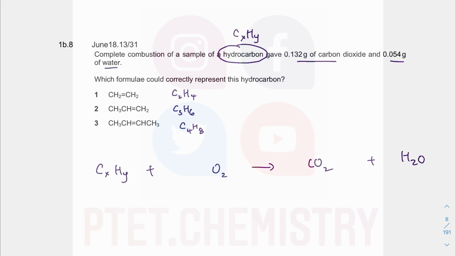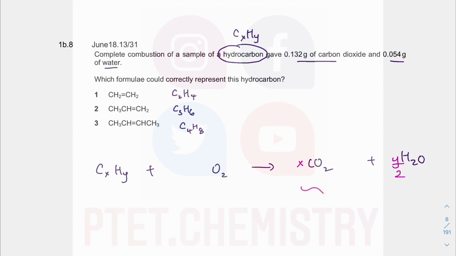There's no other carbon containing product apart from CO2, so that must be x. There's no other hydrogen containing product apart from water. This is y. If I have y number of hydrogen atoms, I need y number of hydrogen atoms. If I put y there, I have 2y hydrogen atoms, so that's why it's y over 2. y over 2 times 2 will give me y number of hydrogen atoms.